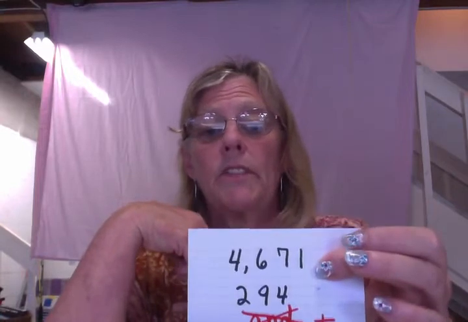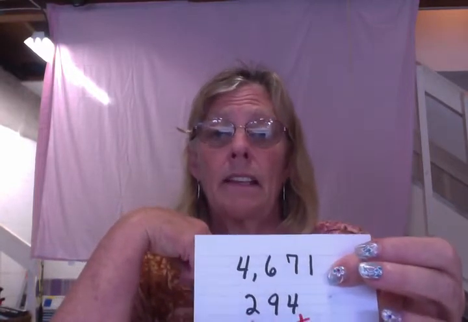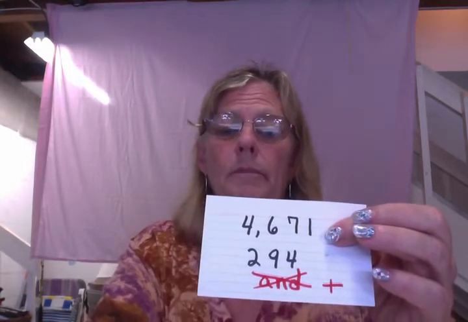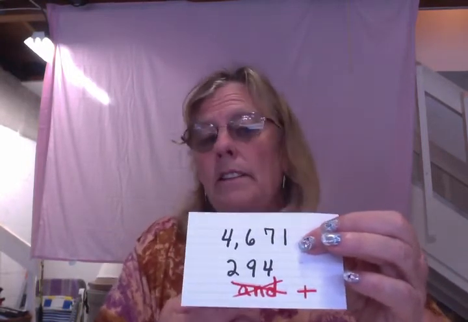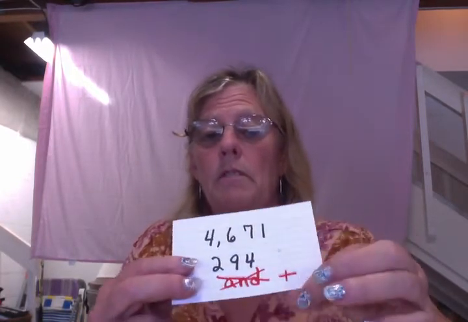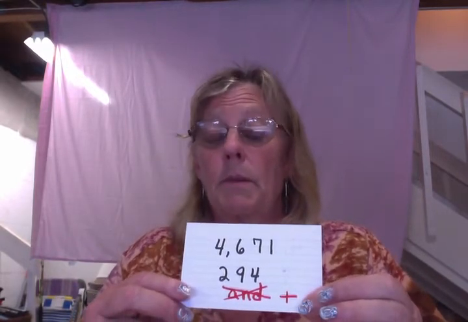And what they were doing was they were writing the word and in there, and the computer was marking it wrong. So just be careful and know that we do put and in our numbers sometimes when we say them. We're not supposed to. It really is a plus that we're adding. And we have to be very careful we don't write and in any of our expanded notation numbers.